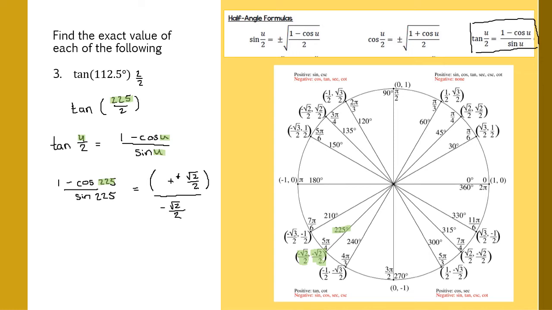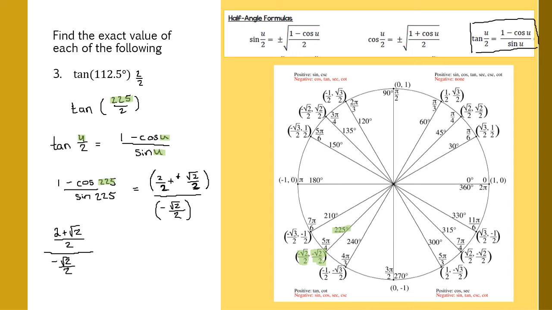I'm going to replace this 1 with a 2 over 2. And now I can combine those, 2 plus square root of 2, all over that common denominator. They were both over 2. So those are combined. And then it is all over this denominator here, negative root 2 over 2.